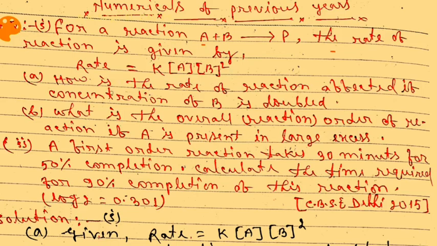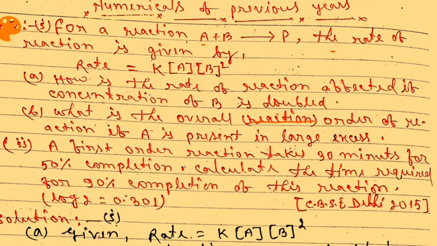First, how is the rate of reaction affected if concentration of B is doubled? Second, what is the overall order of reaction if A is present in large amount?